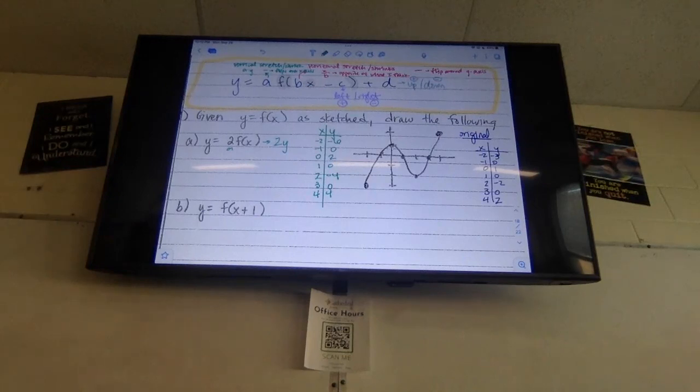Okay, now that I have this chart, I'm going to go graph it. If you want to, you can put it on top of the original graph. I'm going to make a whole new chart because not every time will we be able to graph on the original graph.